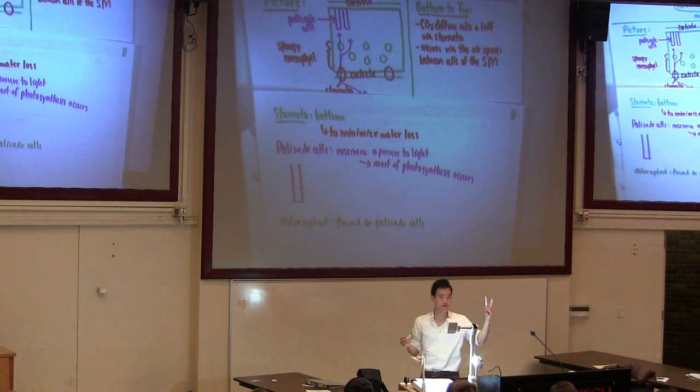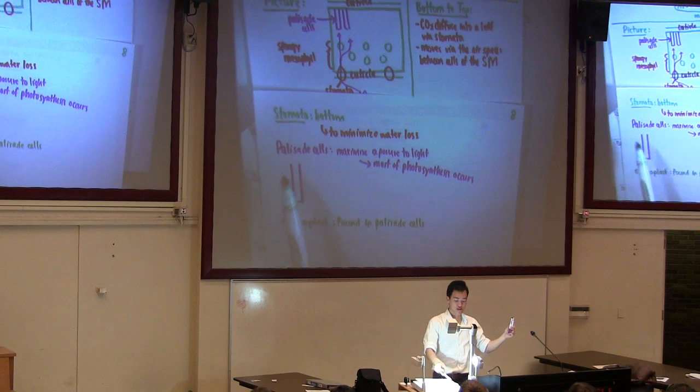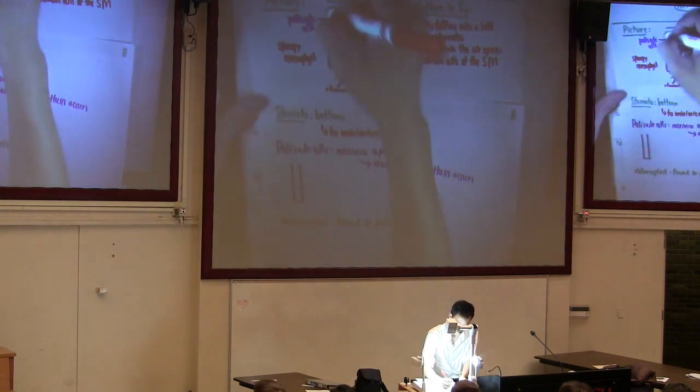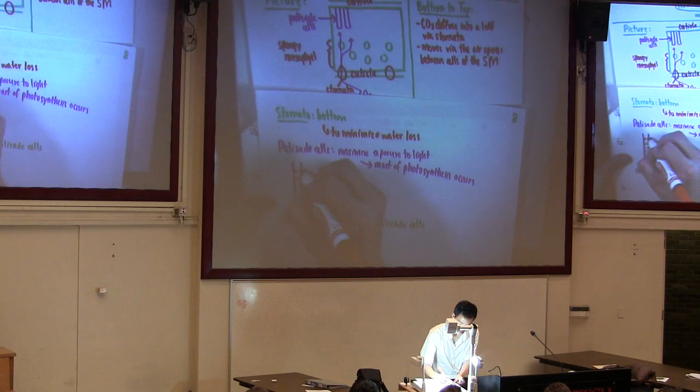And again, you want to be close to light. That's one thing. So that's why the palisade cells are on the top. Where in the palisade cell do you want to put the chloroplast? In the middle or on the edges? On the edges. So the chloroplasts are on the edges of the palisade cells.